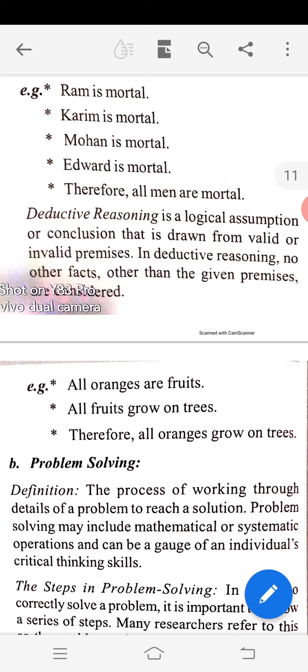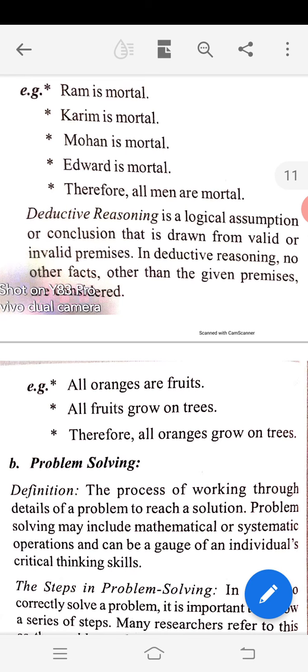These are the main factors of deductive reasoning. Deductive reasoning goes from the general to the specific. In general we know that oranges are fruit.